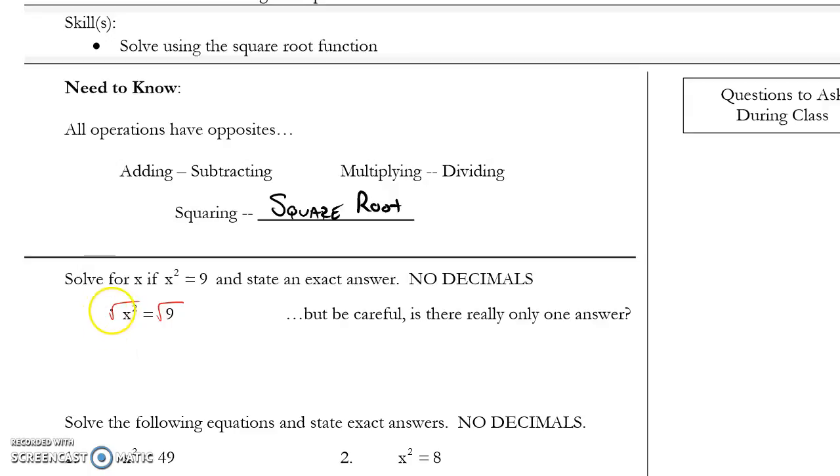So at the end of the day, that square root and that exponent of 2 cancel and leave just x here. Same idea as 2x equals 10. Divide by 2, those 2's cancel and leave me x, as long as I divide by 2 on the other side, and x was 5, but now I'm taking the square root on this side.